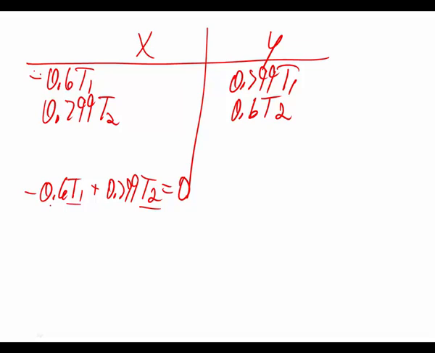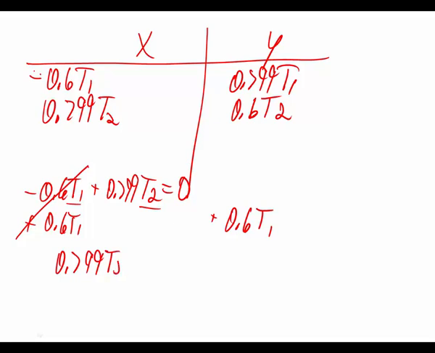You add a positive 0.6 T1 to both sides. Right? And what does it become? It becomes 0.799 T2 is equal to 0.6 T1.